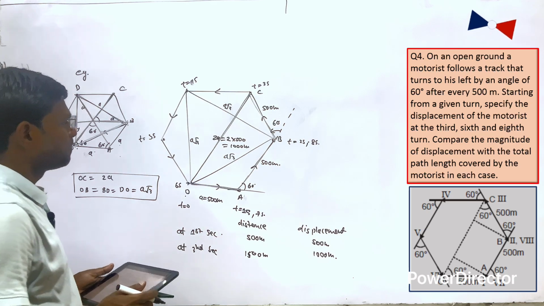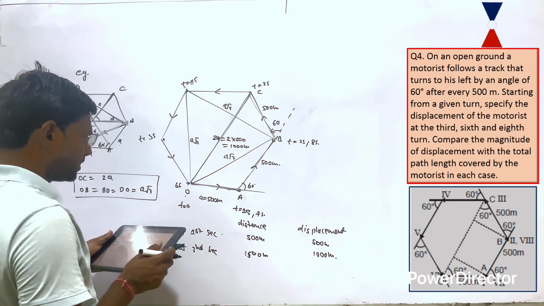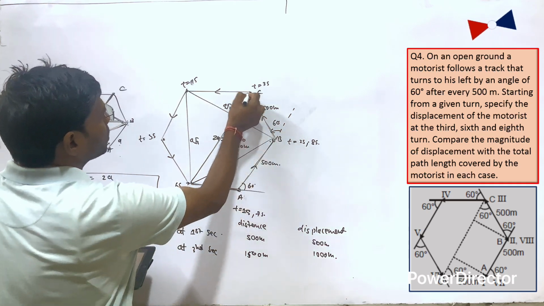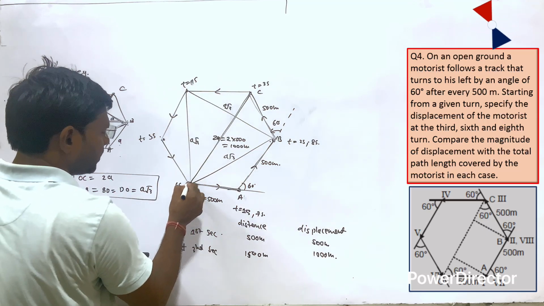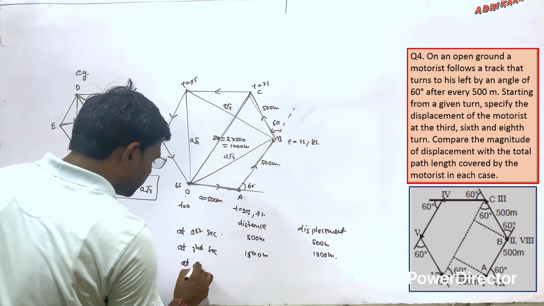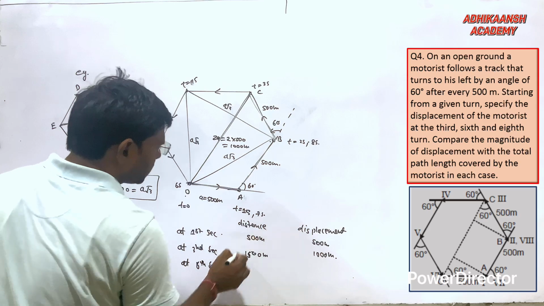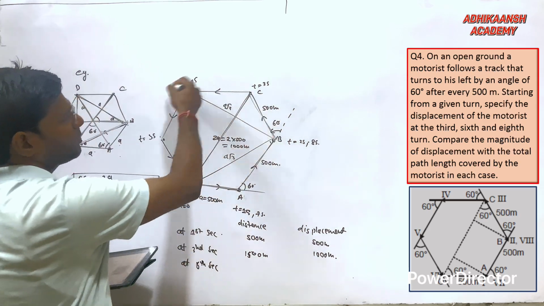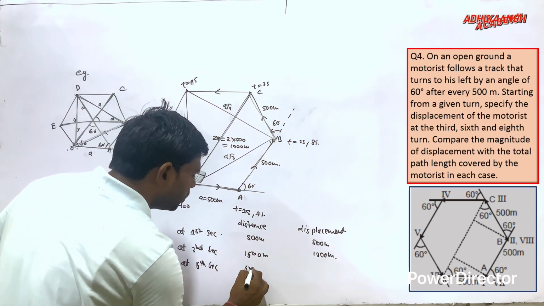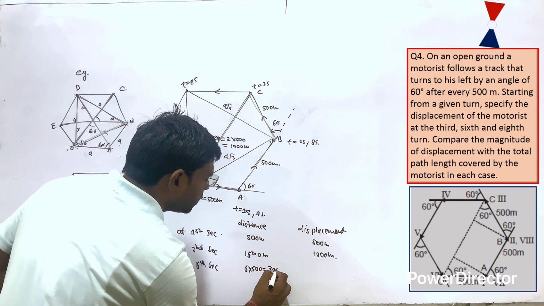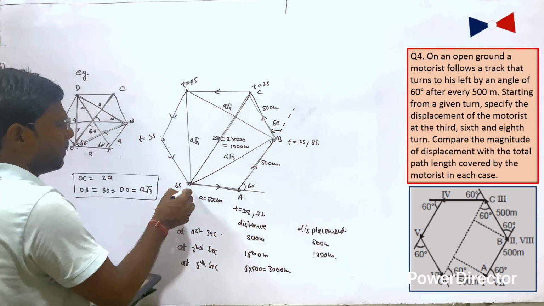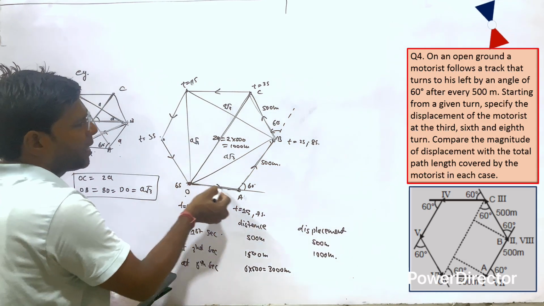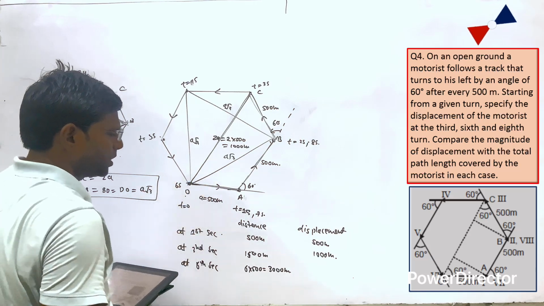Are you getting it? Now, if we consider the 6th second, this is 1, 2, 3, 4, 5, and this is the 6th second. At the end of the 6th second, what is the distance? 500 plus 500 plus 500, so 6 into 500 is equal to 3000 meters is the distance. But at the end of the 6th second, the particle reached its original position.